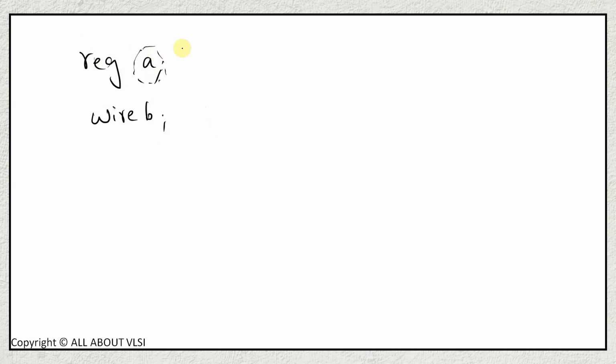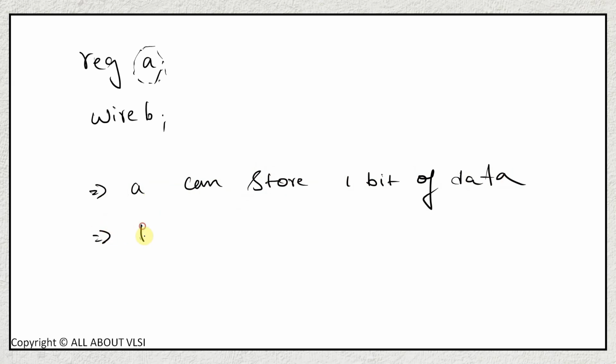How many bits can A store? A can store only one bit of data, and B can be driven by only one bit of data.